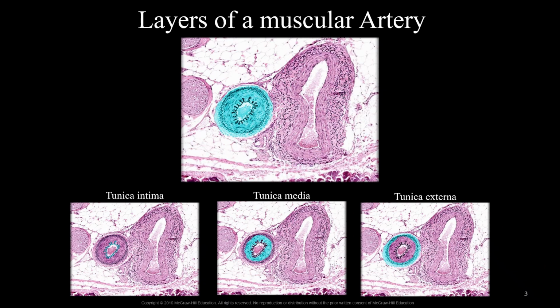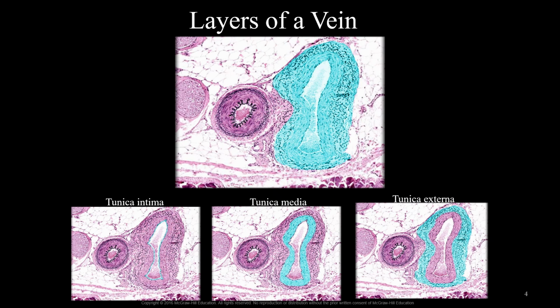So there are three layers of an artery. There's the tunica intima, that's the endothelial layer, the innermost layer that is in contact with blood. You have the tunica media and the tunica externa. For a vein, I want you to notice here they do also have all three. The tunica intima is about the same as an artery, but the tunica media is relatively less compared to an artery.